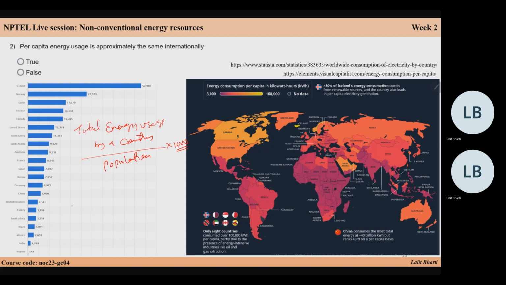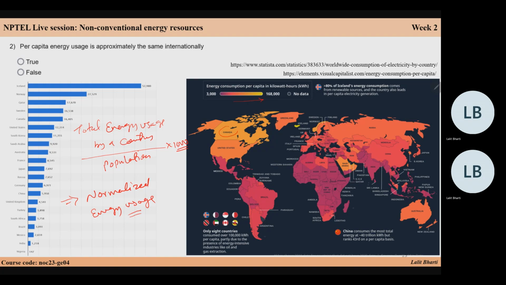So it is the normalized energy use. As we know, each country is not contributing equally in this energy use, and from this image also we can see that the brighter means more energy consumption per capita.